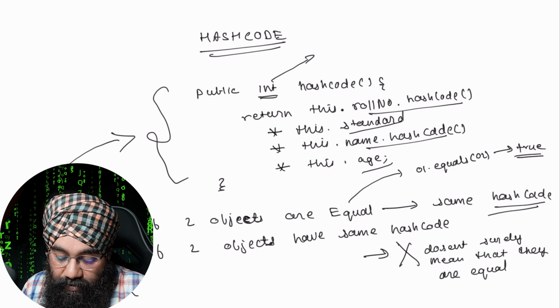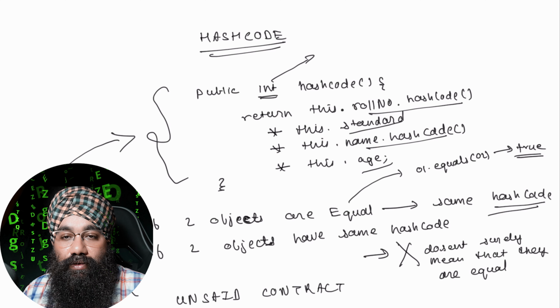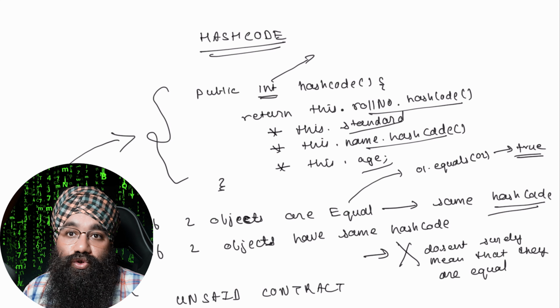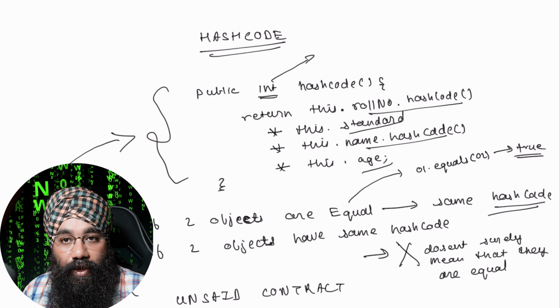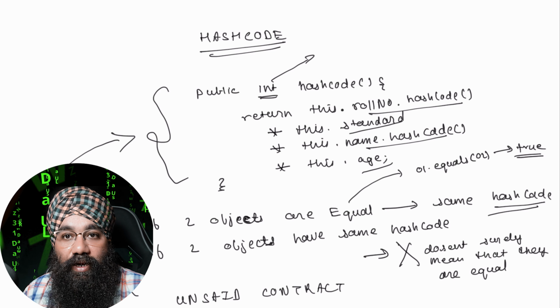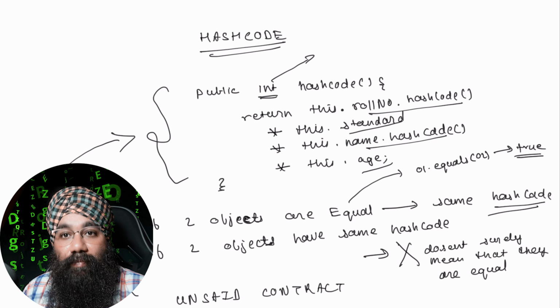So this is an unsaid contract. When I say it is an unsaid contract, it means that the compiler will not force you to implement this contract. You should still implement it for a better arrangement of your objects in a collection, and for better management of your objects.